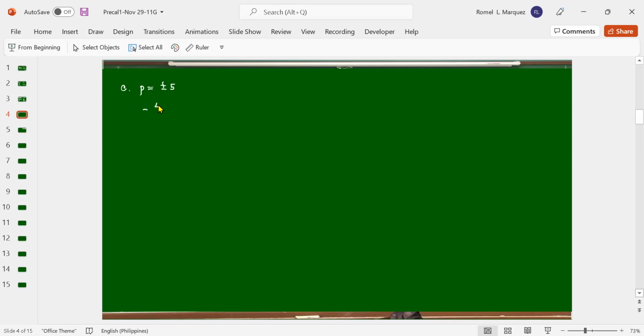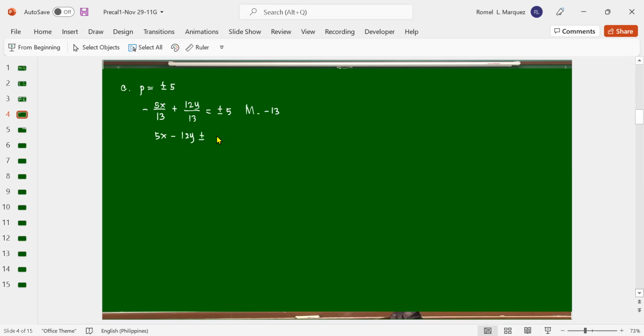Okay, guys? So negative 5x over 13 plus 12y over 13 equals plus minus 5. Multiply by negative 13, we have 5x minus 12y. Then this is now plus minus, no?